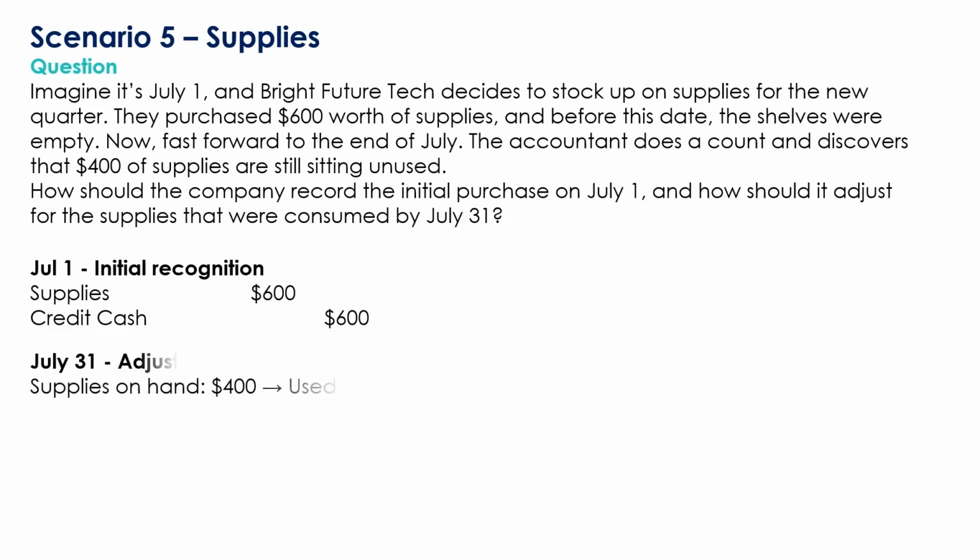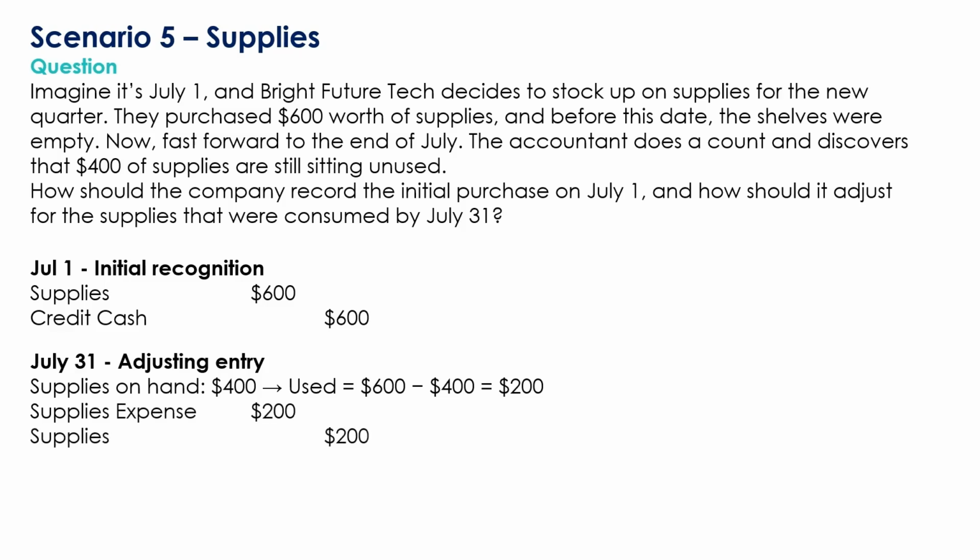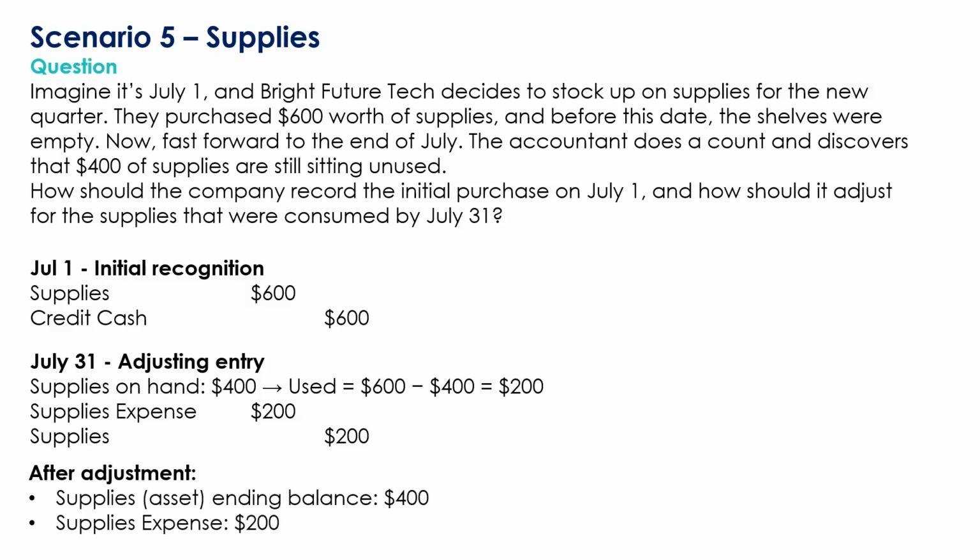Now at the end of July, we count what's left and find $400 still unused. That means $200 of supplies have been consumed. To reflect this, we debit supplies expense $200 and credit supplies for the same amount. So after adjustment, the balance sheet shows $400 of supplies as an asset, while the income statement records $200 as an expense for July.